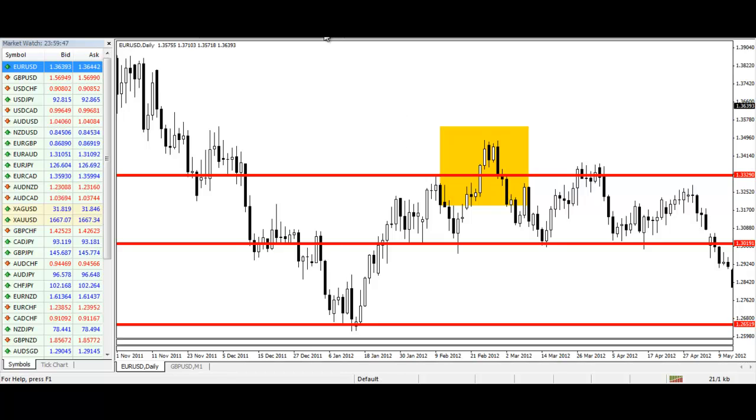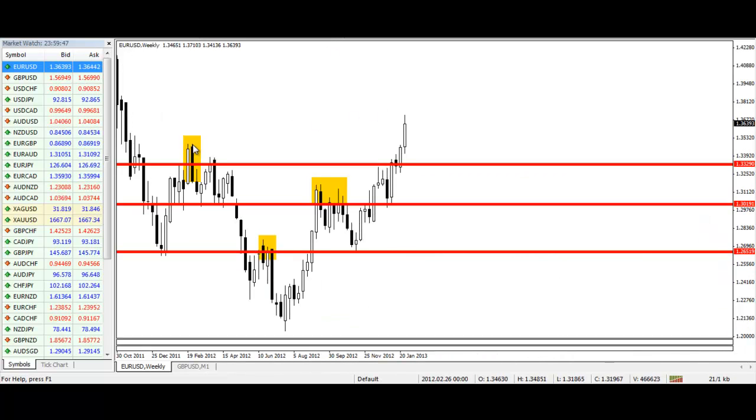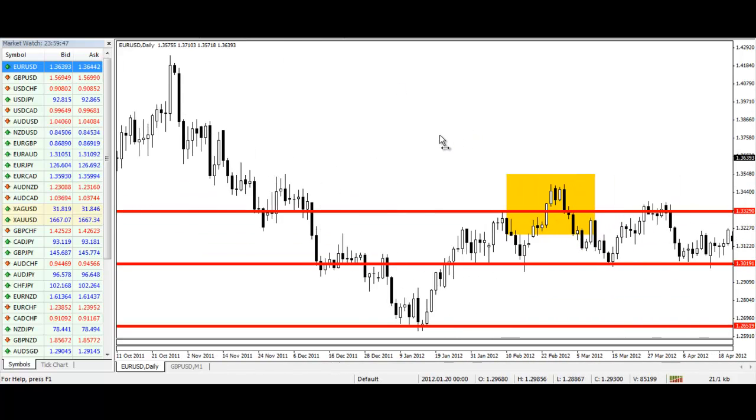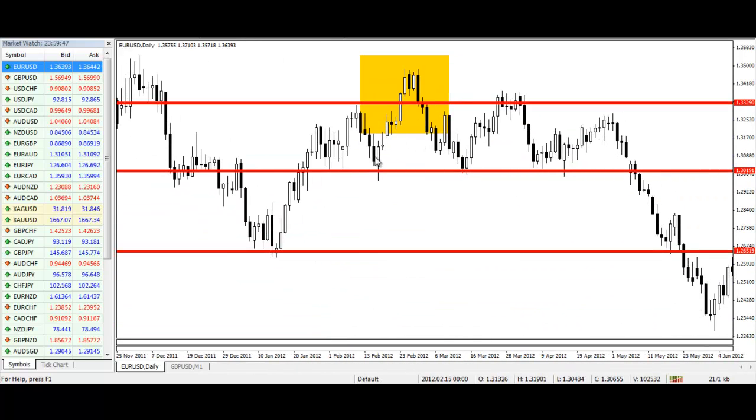If we look back at the weekly charts, we're looking at this area here where the support became resistance. If we go back down to the dailies, we can see how price has pulled up to this level, and there's an interesting price action pattern that we're going to be looking at here. We can see, of course, that price action did move quite strongly away from that area, and in the coming weeks moved down very strongly to the downside.